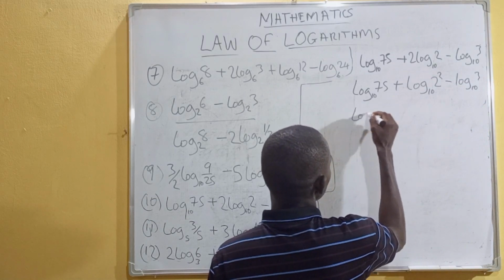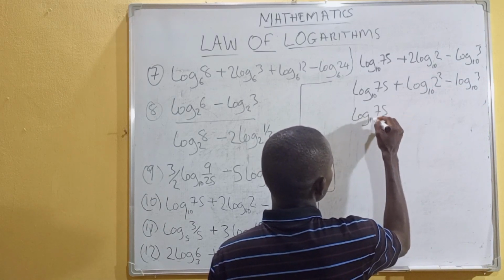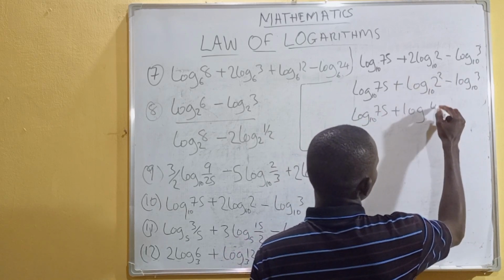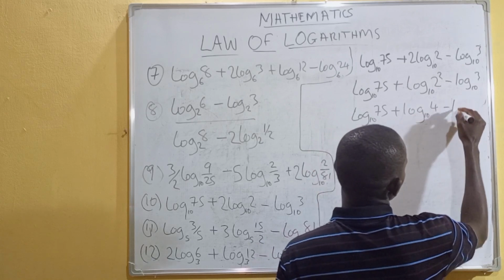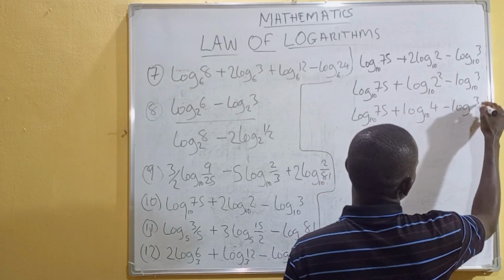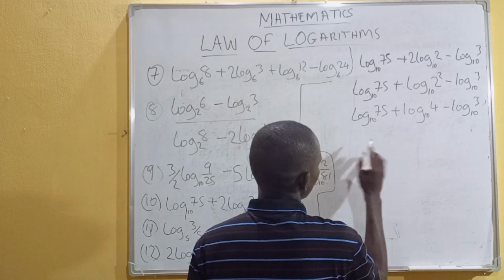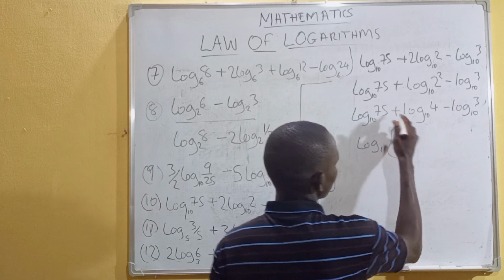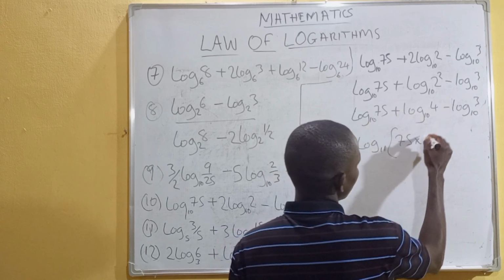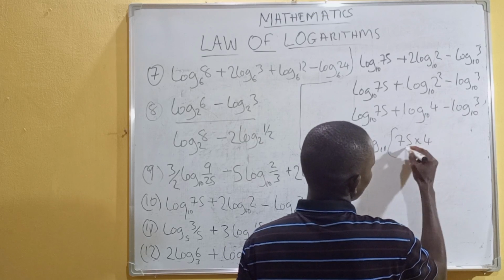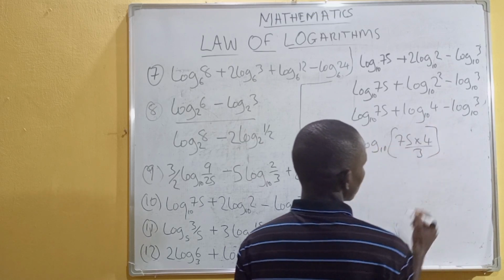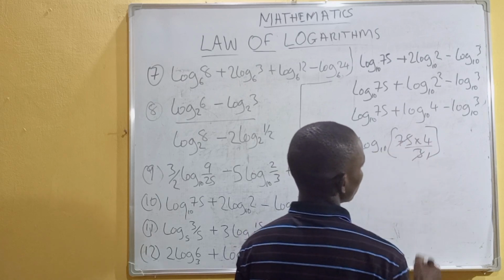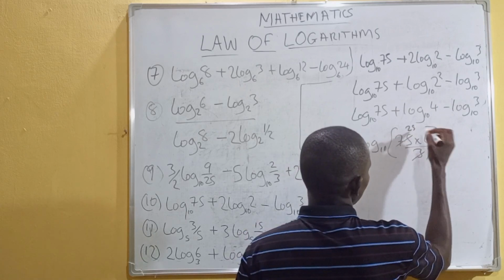So this will now be log 75 base 10 plus log 2 raised to power 2, which will now be 4, of base 10 minus log 3 of base 10. Log of base 10 will now be 75. Since this is addition, it will now be times 4, and this is subtraction, divided by 3. So from here, 3 here we have 1, 3 here we have 25.